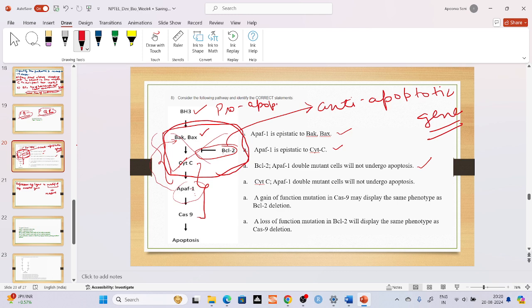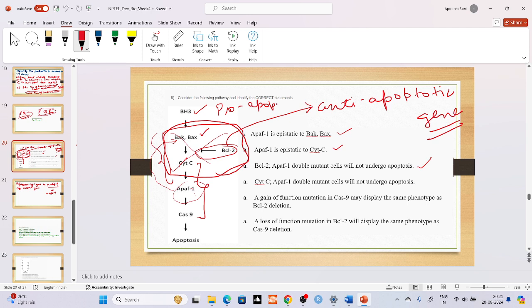Okay, fine. Because APAF1 is the central factor which is responsible for apoptosis here. I'll explain it later. So this is also correct. Then, cytochrome C and APAF1 double mutant will not undergo apoptosis.